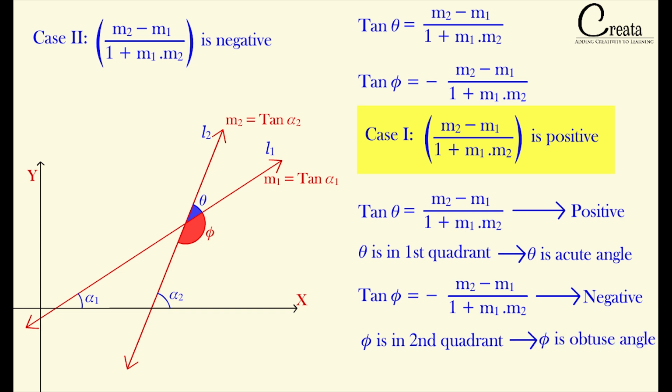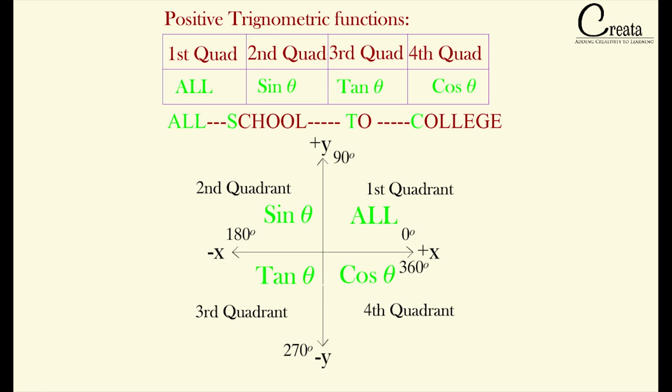Okay, are you getting it? Tan theta is positive, and we know tan is positive in the first quadrant, and we know tan is negative in the second quadrant. Here we are talking only about theta and phi in the range of 0 to 180 degree. That is, only the first quadrant and second quadrant are coming into the picture.